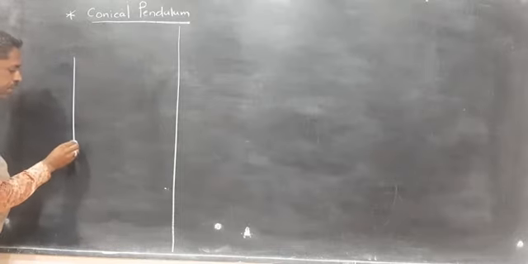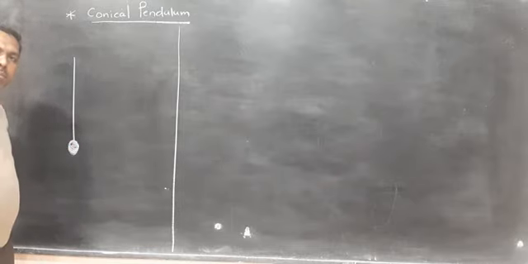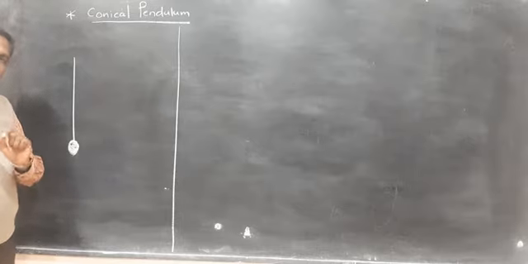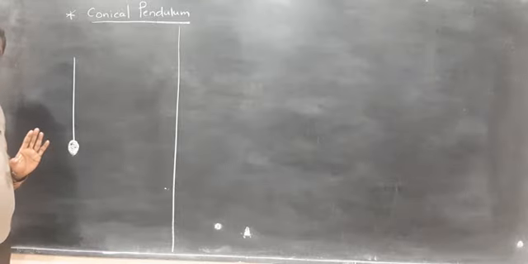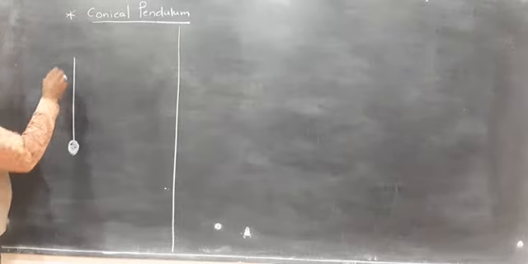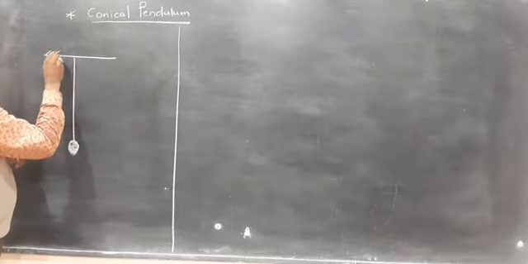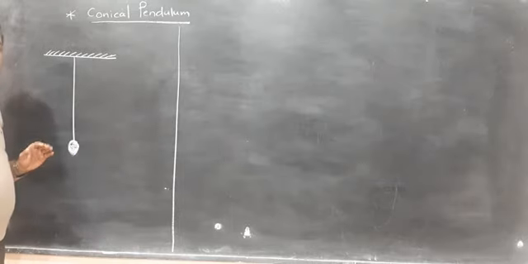What do we understand by pendulum? Pendulum, it is a heavy point mass to which one end of the string is attached, whereas the other end of the string is supported by a rigid support.